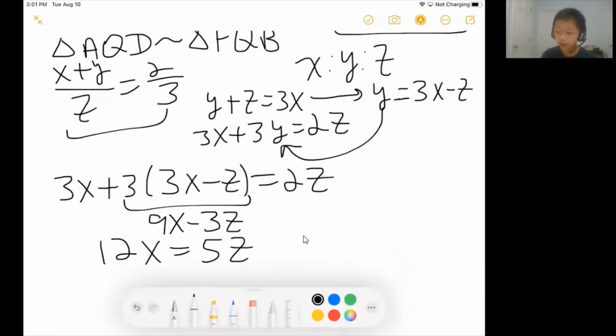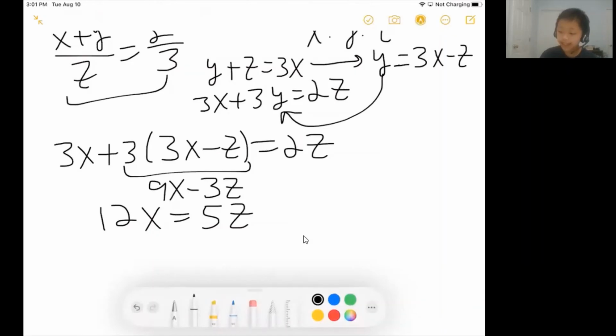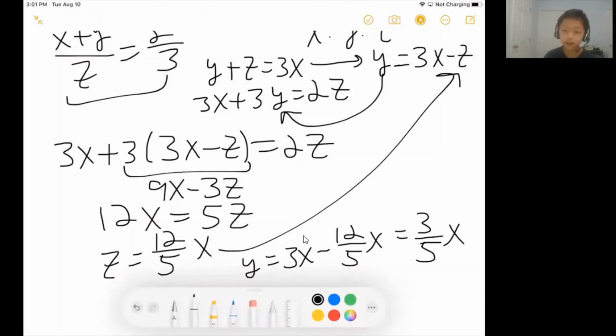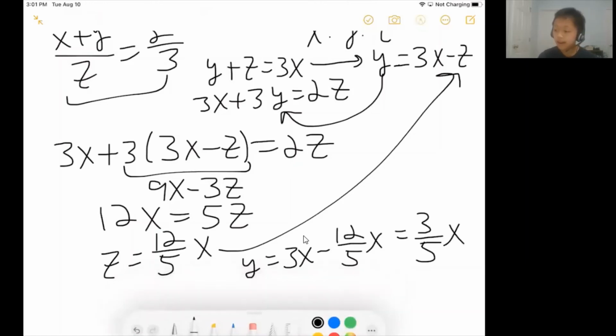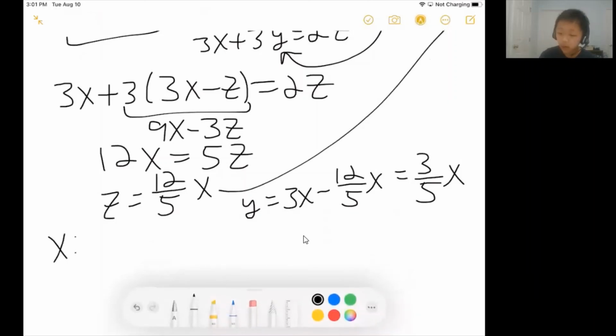From here, you can say that Z is 12 over 5 X. If we plug that into here, Y is 3X minus 12 over 5 X, which equals 3 over 5 X. So now we want to find the value of the ratio X to Y to Z, which is what the question was asking.